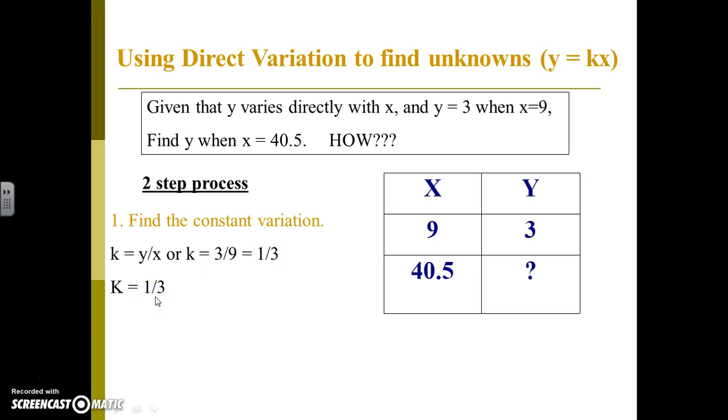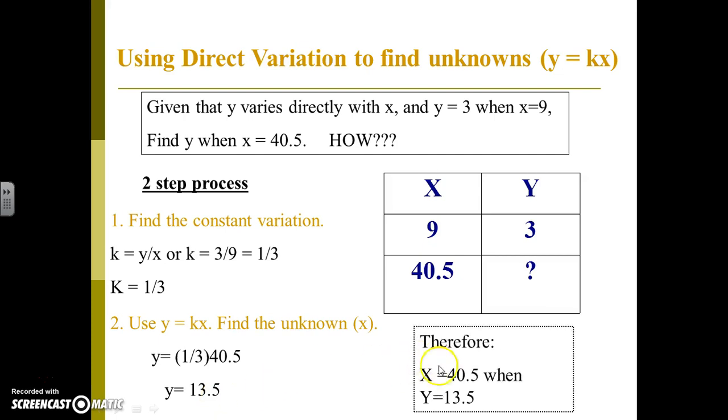Now if we remember our equation, y equals k times x, you just substitute in 1/3 for k. And also we know the x value, 40.5, so we take that 40.5 and multiply by 1/3, which gives us a y value of 13.5. So when x is 40.5, which is what they gave us, our y value is 13.5.